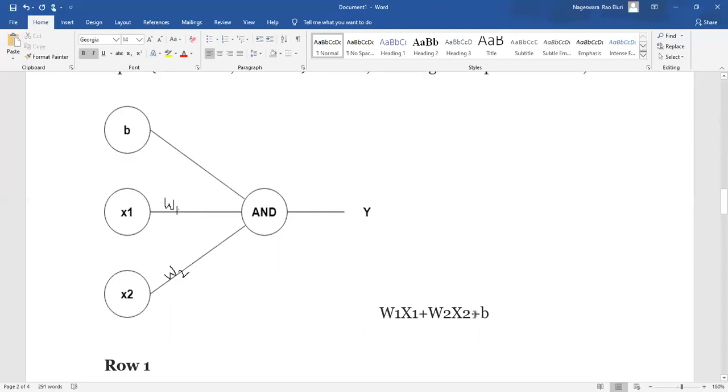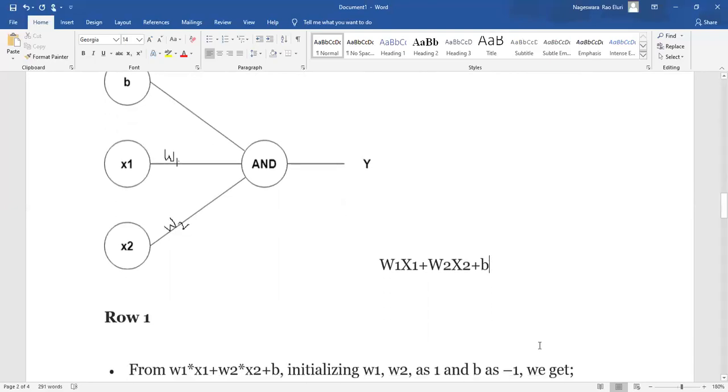We call this the net input calculated value. After that we apply an activation function, or hard limiting, on this value. It limits the output value, deciding whether the output belongs to 1 or to 0. This is the representation of a neuron.